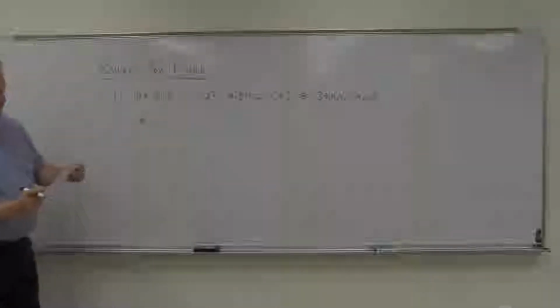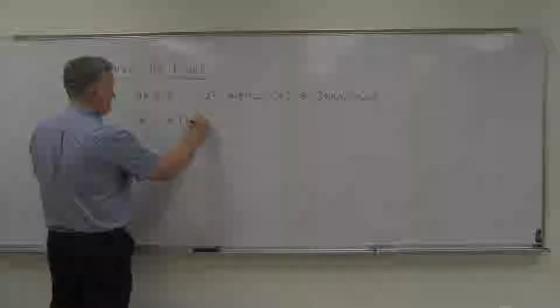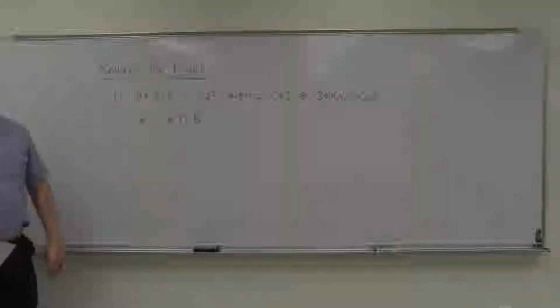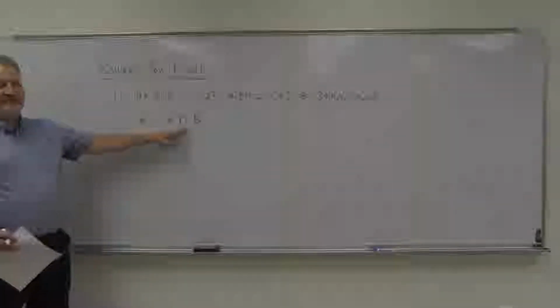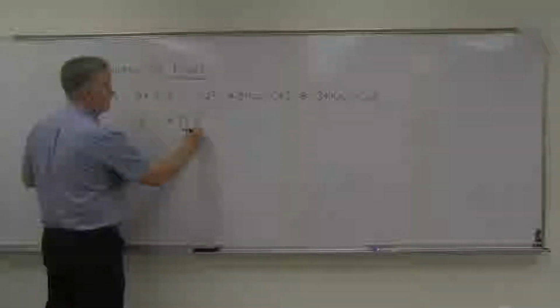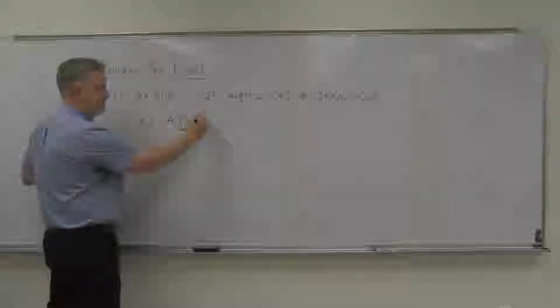All right, so find the set A, and then that, and then B with that. Remember what that is? So that's A, what's that symbol? Intersect, and this B with the little apostrophe thing. What's that mean?